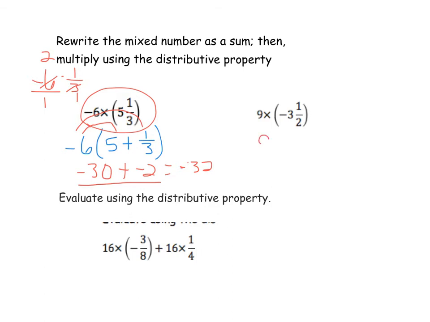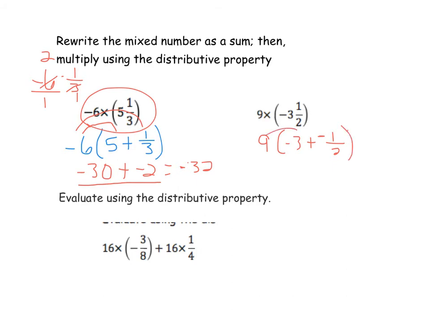So I'm going to rewrite this. 9 times -3 plus, now be careful here, if we added 1/2, -3 plus 1/2, then we would actually have -2.5. So you have to remember when you split up negative mixed numbers, both the whole and the fractional part are both negative.